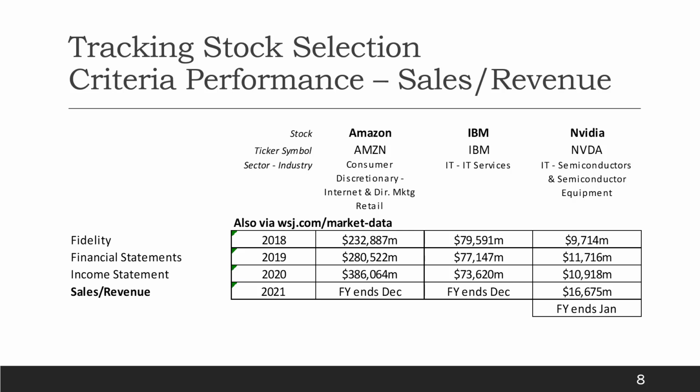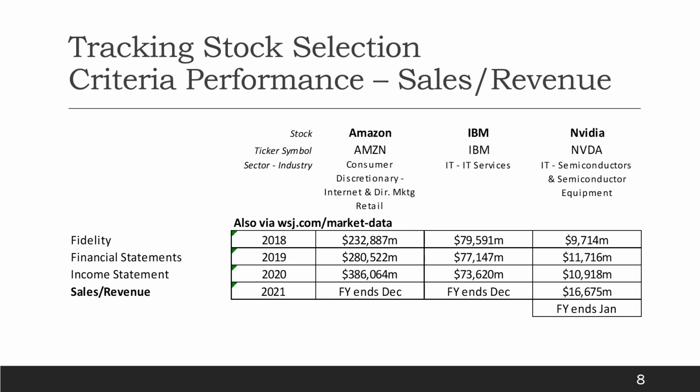Sales revenue. Amazon's revenue has grown over 3 years, 2018 to 2020. IBM's revenue has decreased over the same time. NVIDIA's revenue decreased in 2020, but in 2021 bounced back and exceeded 2019's revenue. Although NVIDIA's market cap is greater than IBM's market cap, NVIDIA brings in less revenue than IBM's revenue.